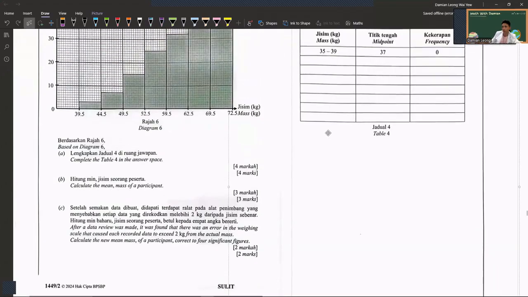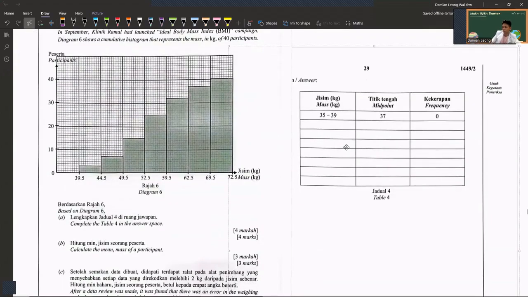Okay, let me put this here. So you see, this is 35 to 39. Means next one should be starting from the next number 40 until plus 4, so 44. Or we minus 0.5 from the upper boundary plus 0.5 from the lower boundary. So it's 45 to 49, 50 to 54.